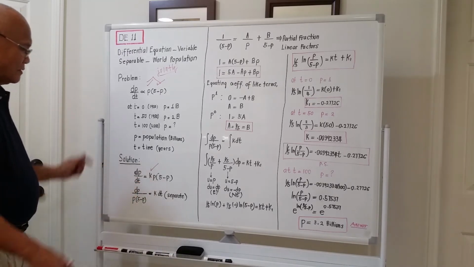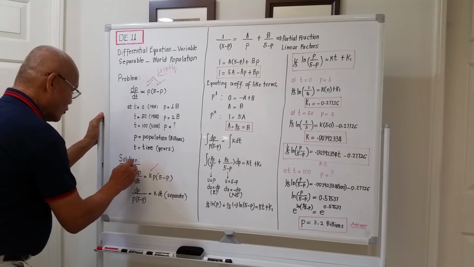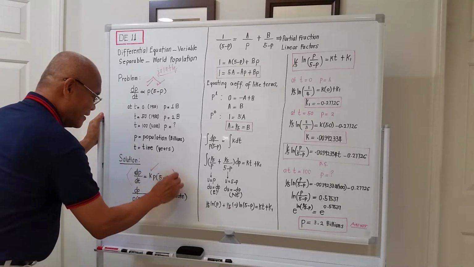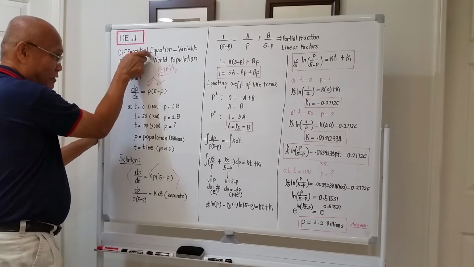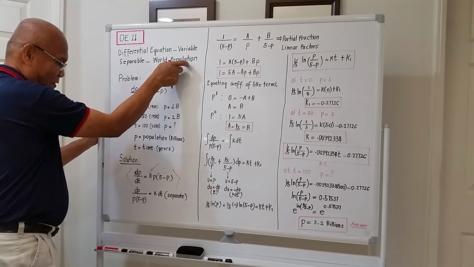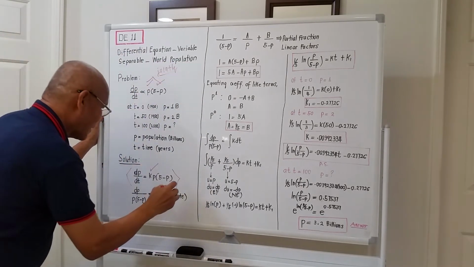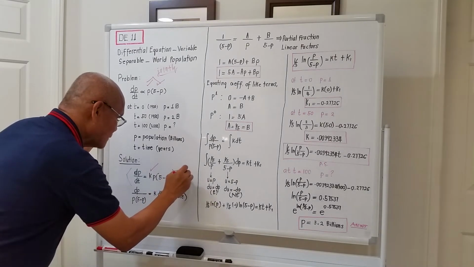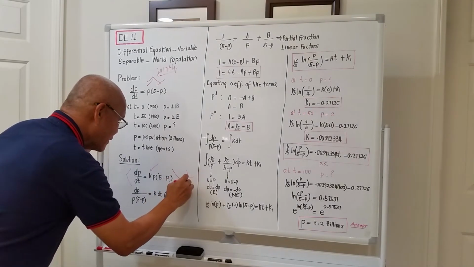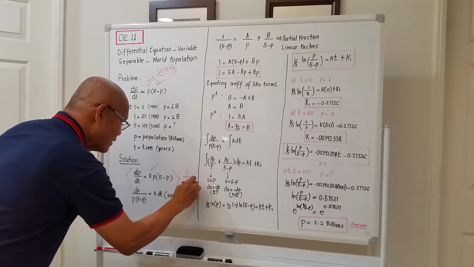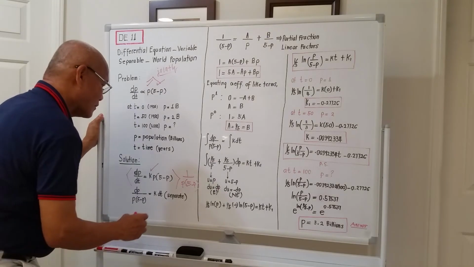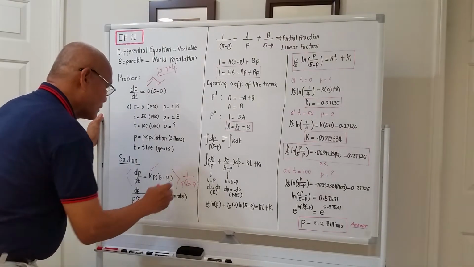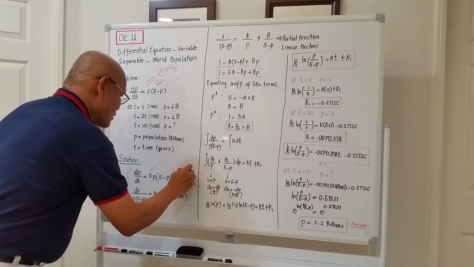Separating the variables, we will multiply. That's why our topic is variable separable, differential equation, world population. We will multiply this one by 1 over p times 5 minus p, times dt.